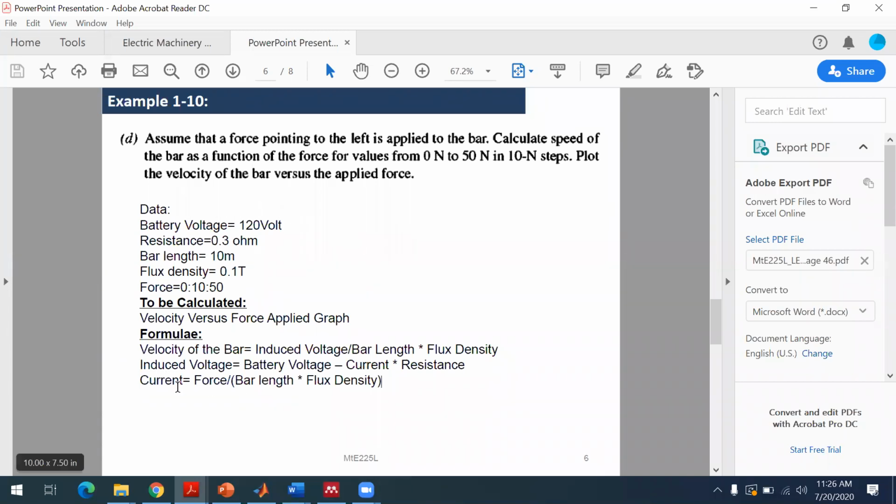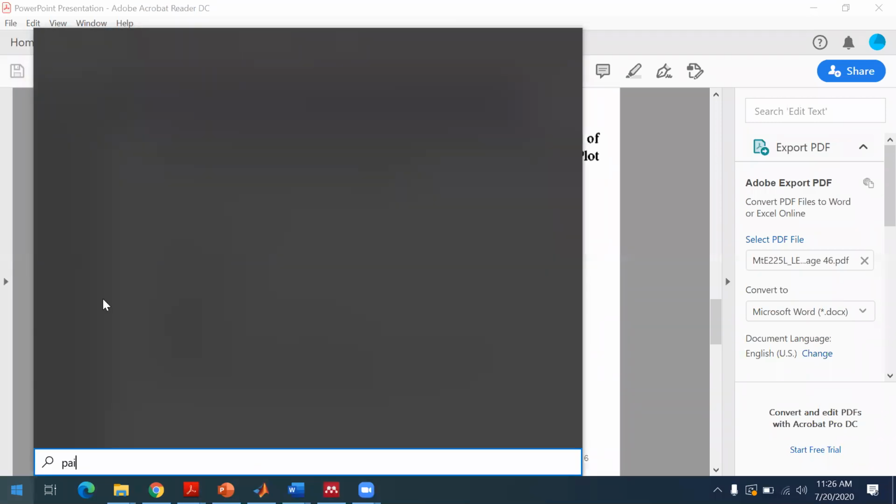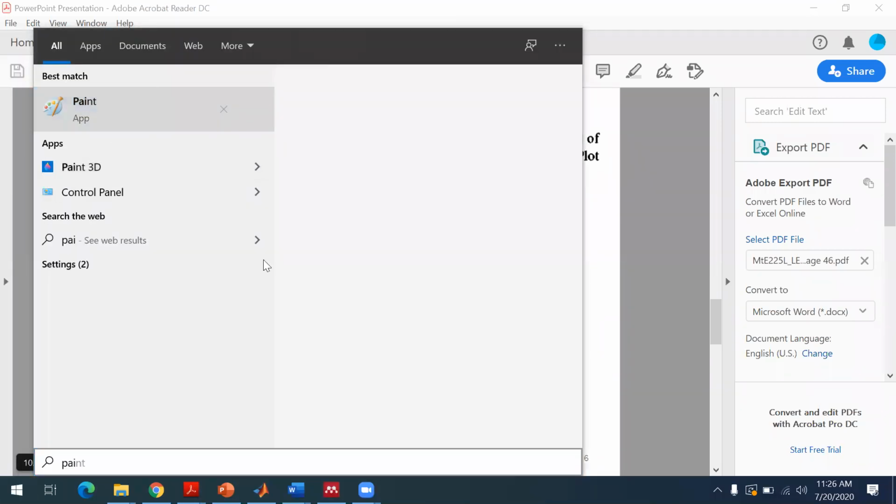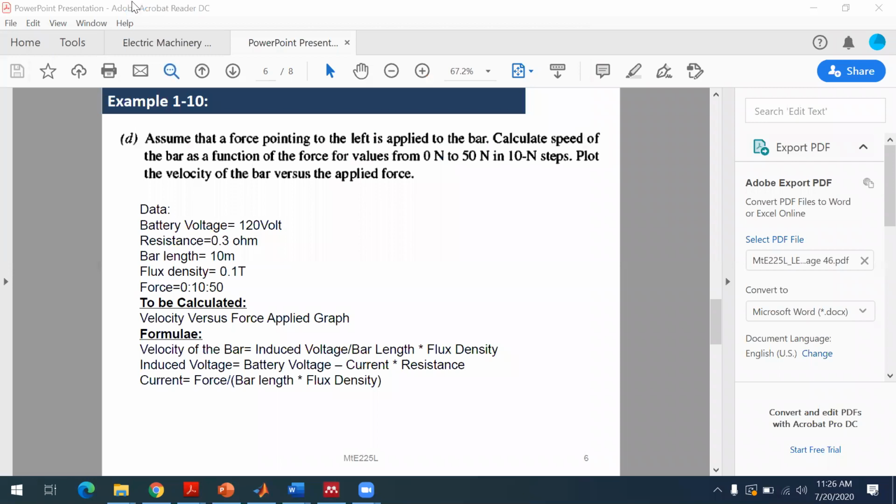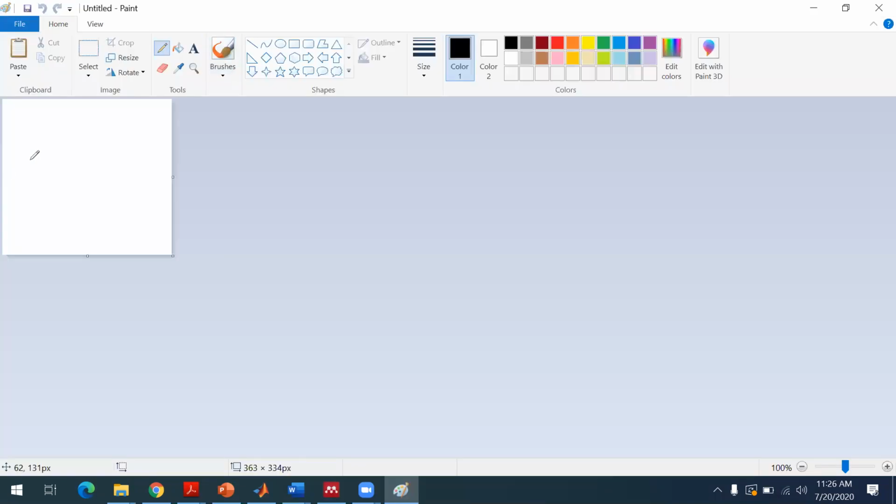I can open Paint so that I can write it here. So basically the main formula is F, force acting on the bar, equal to I, this is current, into length.